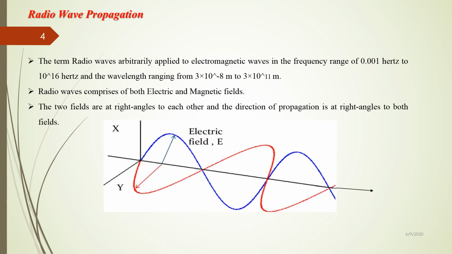So this diagram shows the electric and magnetic fields propagating along the direction of propagation, and these two fields, the electric field and magnetic field, are perpendicular to each other.